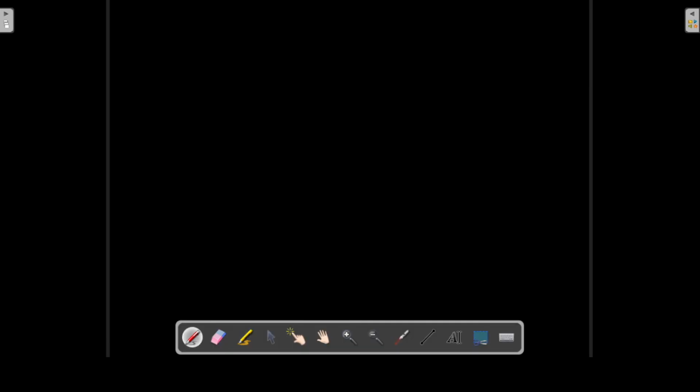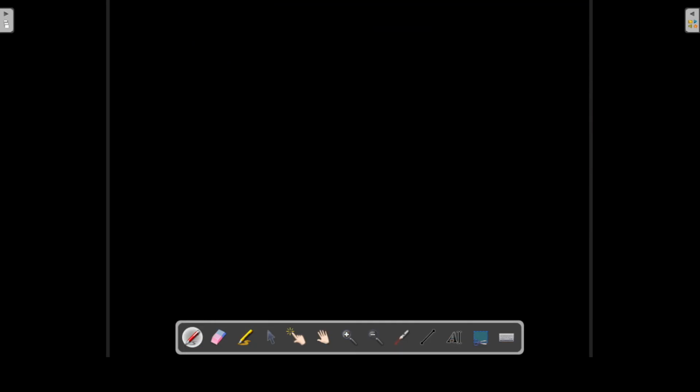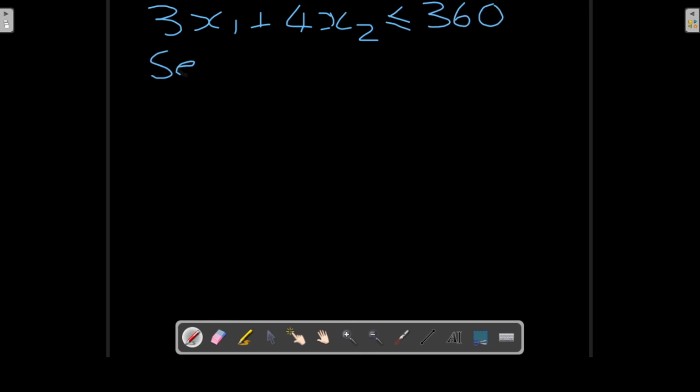Okay, then if we look at the second constraint, 3x1 plus 4x2 less than or equal to 360. We start by setting x1 equal to 0.